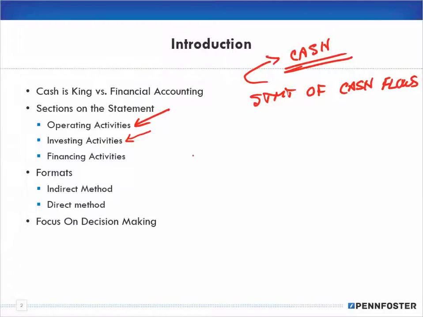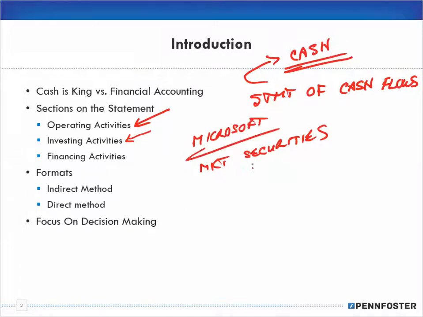Somewhere along the line in these previous chapters, I have talked about marketable securities, where a company like Microsoft, when they have extra cash, will go out and buy the stock of other businesses. That is an investing activity. Or they might buy another business as an investing activity.